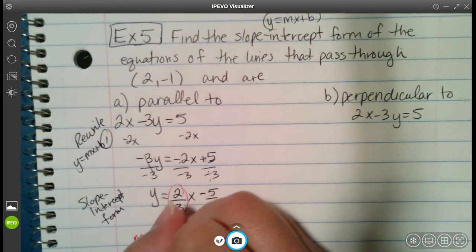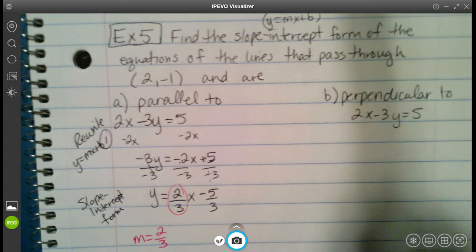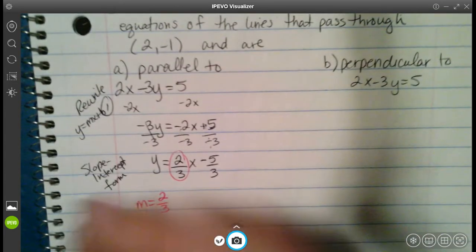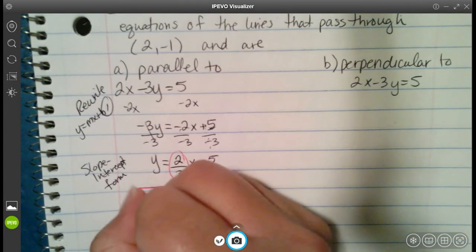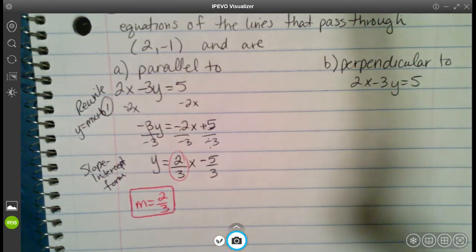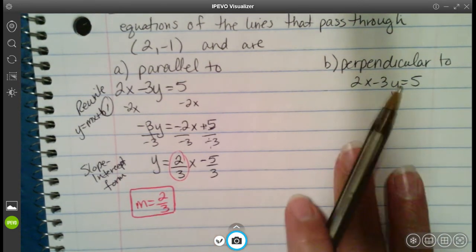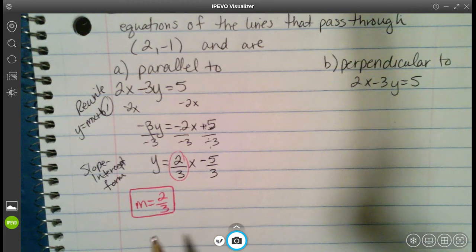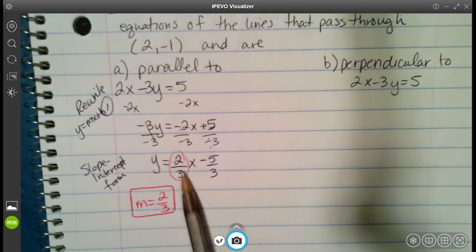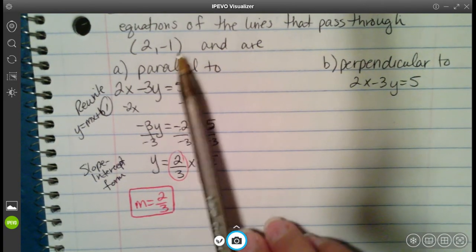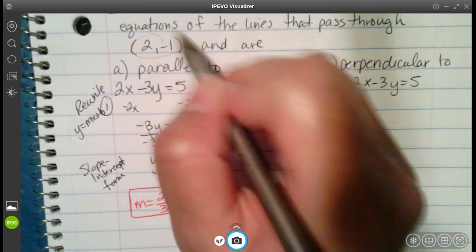So m is equal to 2 over 3. Okay, and now we're not done. We want to find the equation that is parallel to this line. So this is a line, some line on a graph, right? It has to be parallel to this and pass through this point up here.